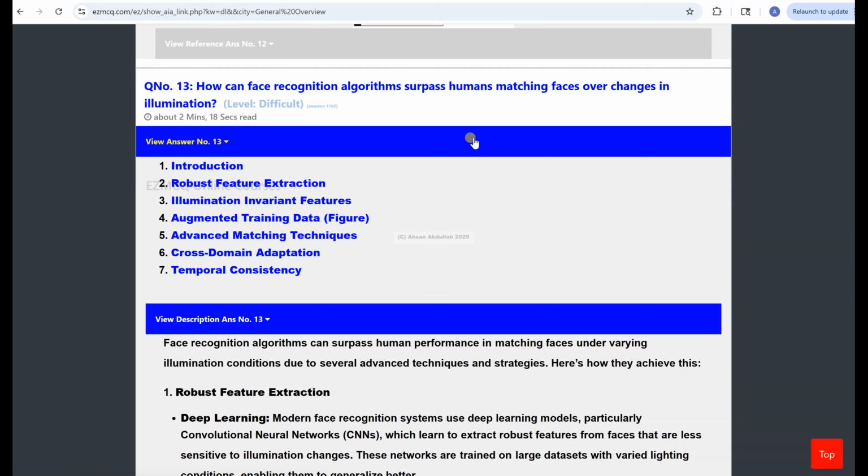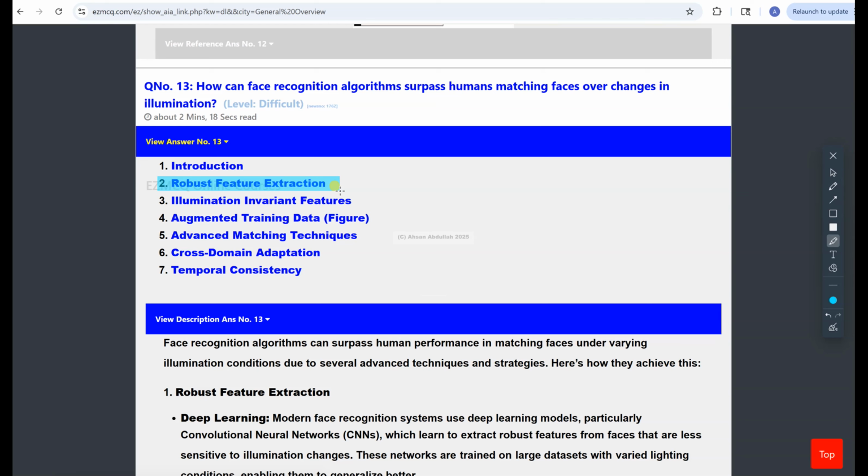And the other factor is robust feature extraction. What is that? Basically, these reinforcement learning algorithms extract features like edge maps, the same thing that was done in deep learning also. They extract contours, they extract landmarks, which humans cannot perceive or understand.